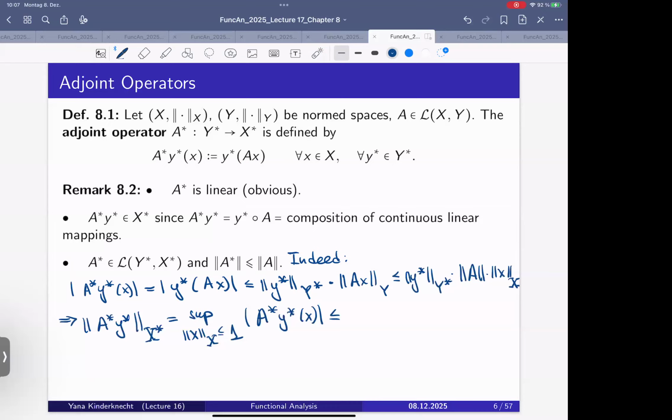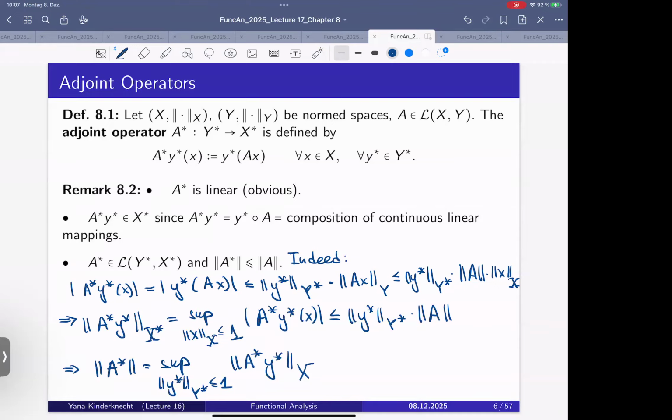And this is smaller or equal than the norm of Y star in Y star times the operator norm of A. So from this, you see that the operator norm of A star, which is the supremum over all Y star, is smaller or equal than the norm of A. And this means that the operator A star is a bounded linear operator.